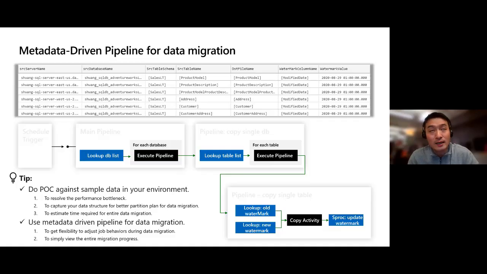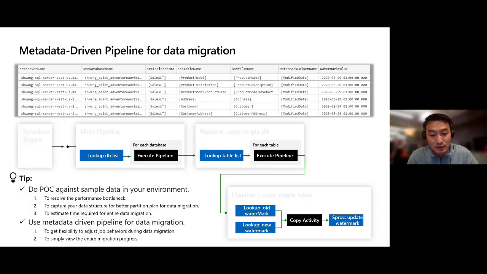If you are copying a huge amount of small files, partitioning is strongly suggested. You partition your files and let each copy activity copy one partition at a time. This is the recommended way. But if you are copying a few very big files, it's fine, a single copy activity can handle everything.